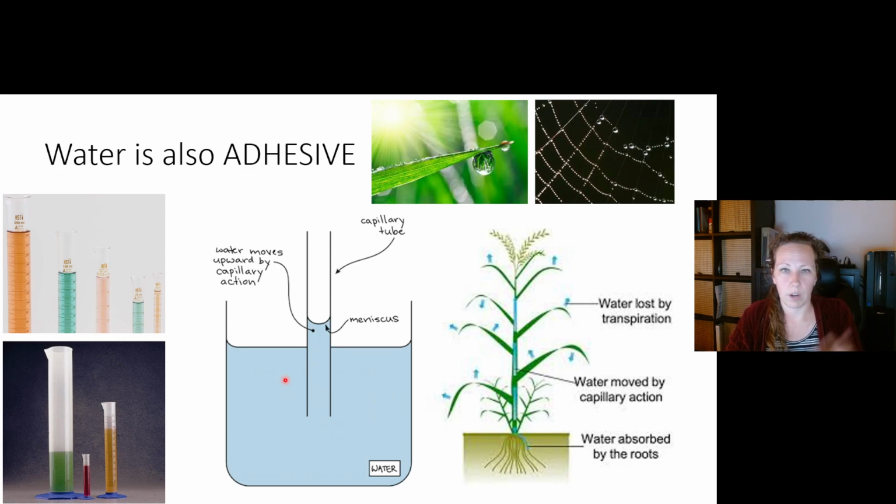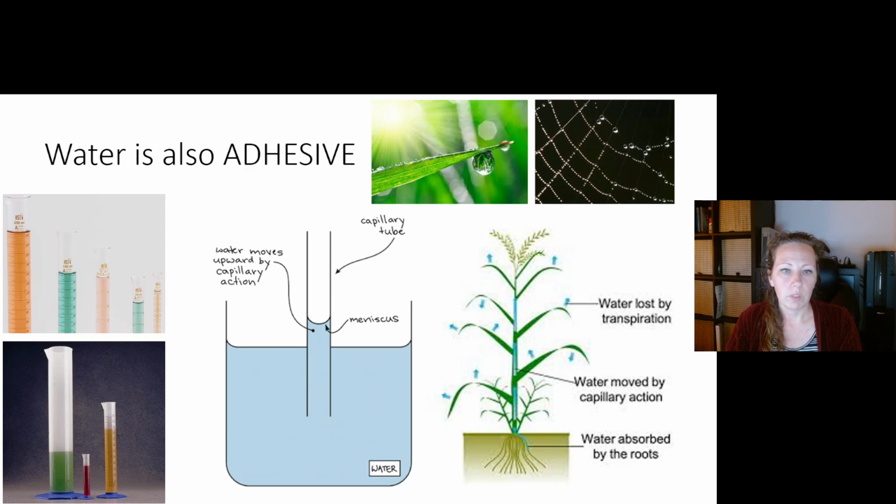Or Rain-X, right? The rain just immediately flies right off your window if it's raining, because it's a nonpolar substance that you've added to the windows to keep the rain off.